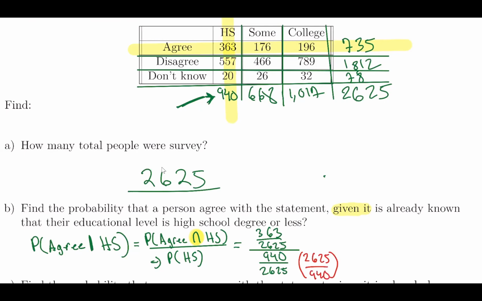But whatever you do to the bottom, you do to the top, so you do 2,625 divided by 940. This and this cancel, this and this cancel, this and this cancel. So I'm left with 363 divided by 940.